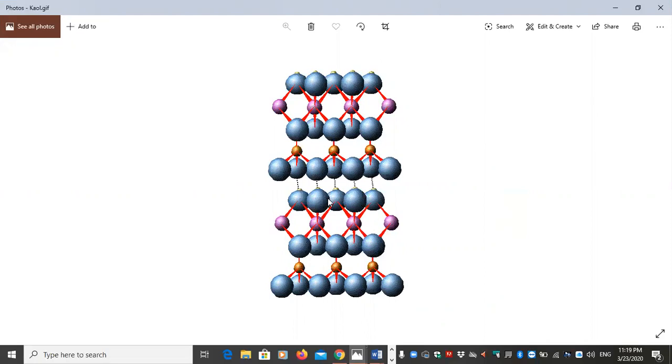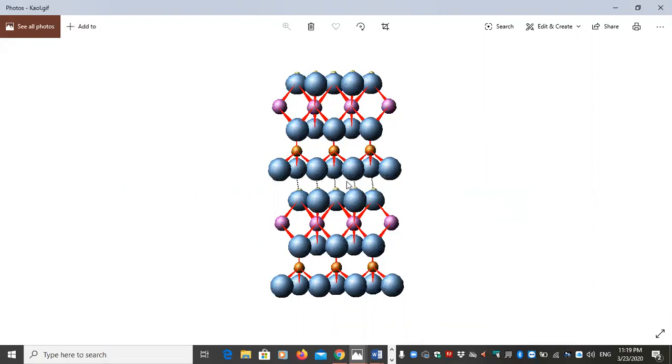So the octahedral, remember we said it has hydroxyl groups, and the tetrahedral has oxygen. So when a sheet of tetrahedral, which is mostly oxygen, comes close to the octahedral sheet, which has the OH, between them, how are they connected together in nature? By the hydrogen bonding. You have O and OH. This will form the hydrogen bonding. And what do we know about the hydrogen bonding? It's a very strong bond.